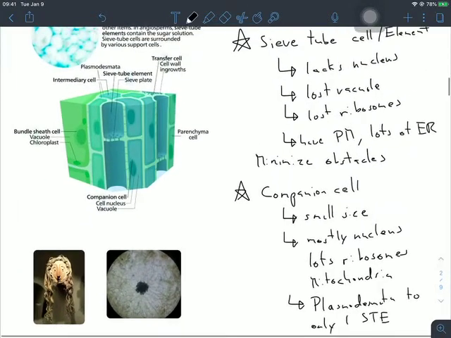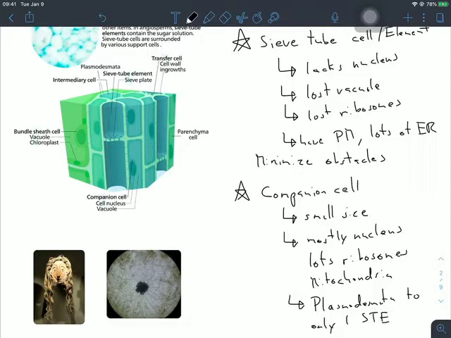So I like to caricaturize our sieve tube element and our companion cell as a cartoon of the Frankenstein's monster. The sieve tube cell is an absolute behemoth. It is strong, it is big, it is the monster. No brains, not going to think much, just going to lift and move sugar around.